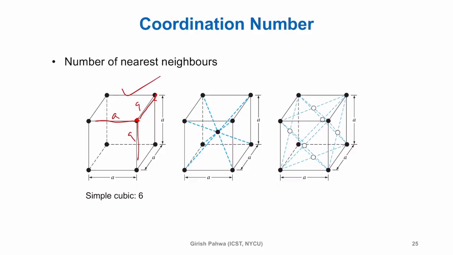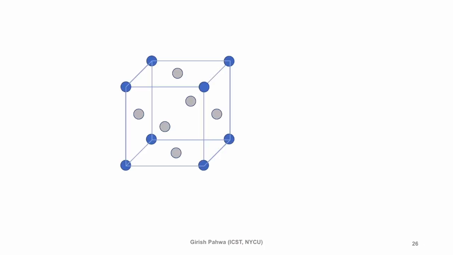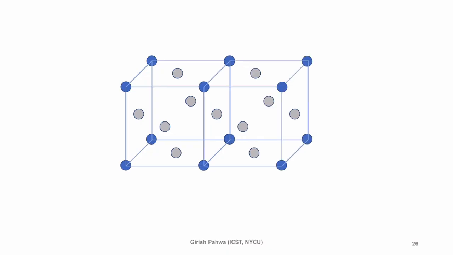Okay, so let me draw two FCC cells side by side. So this is one FCC cell. This is another FCC cell. Now I'm going to focus somewhere here. So let me look from this point and let me see how many neighbors it has.